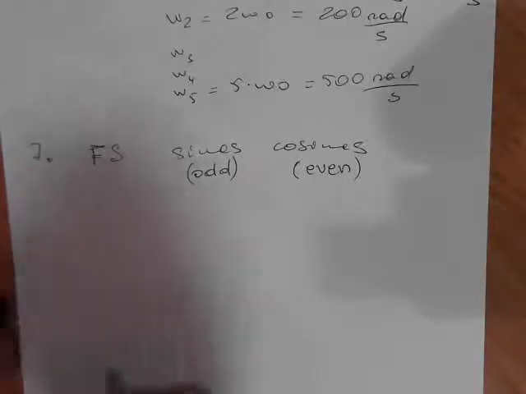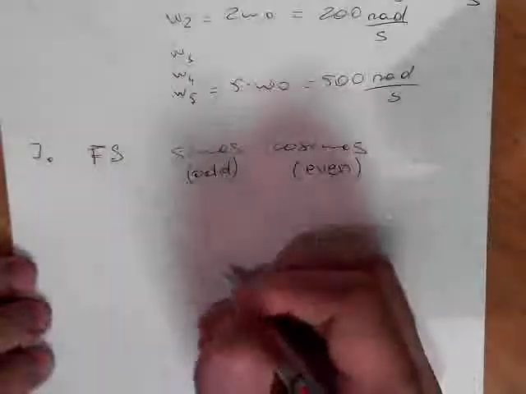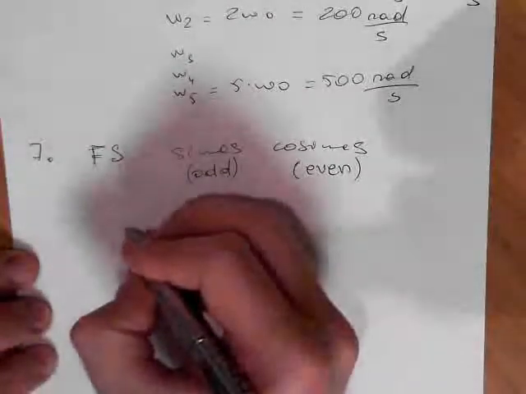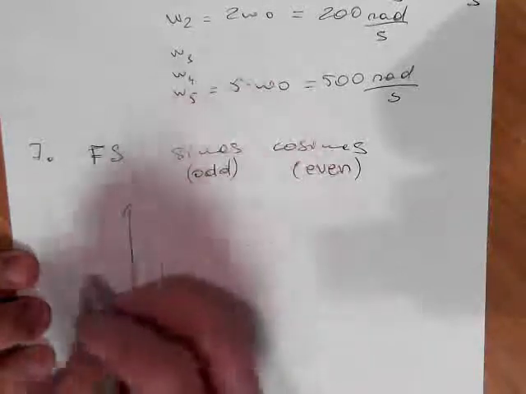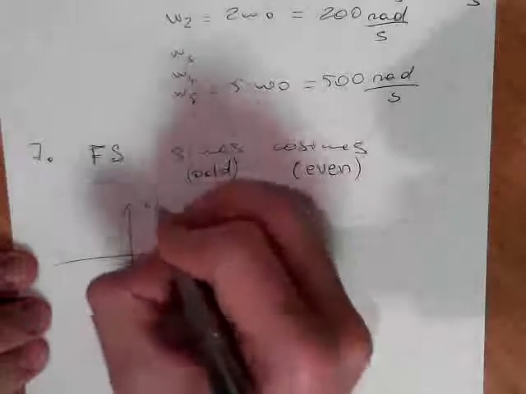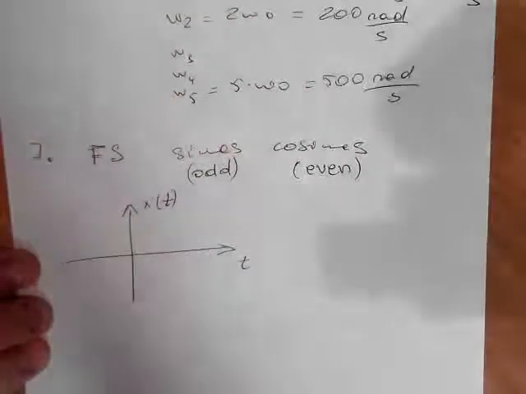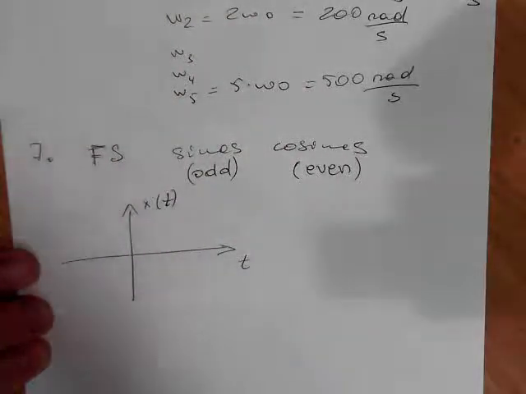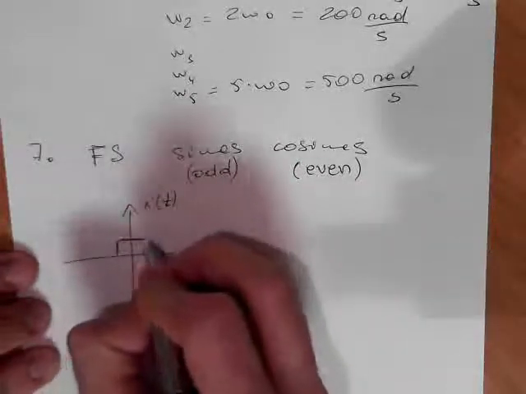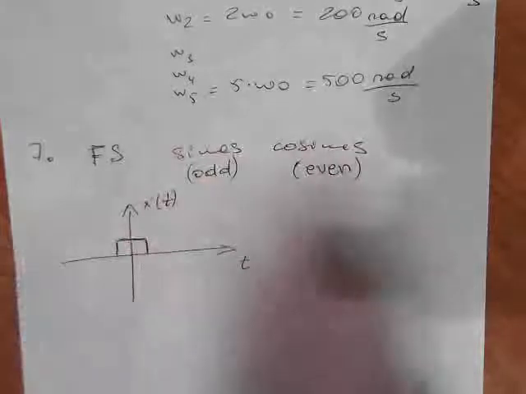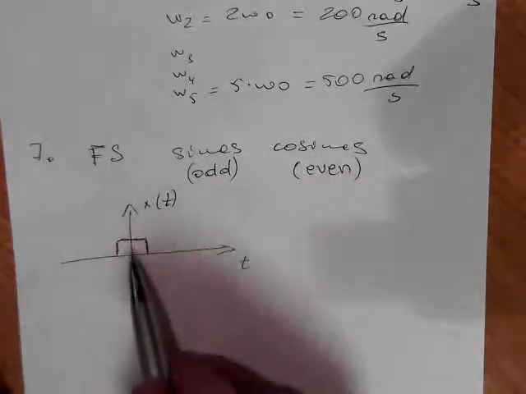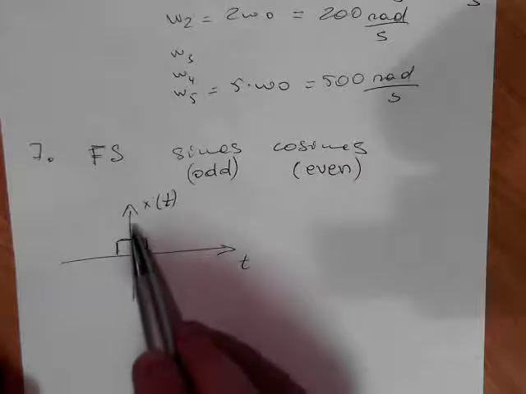And now, to know from the graph, I might have explained this during the lecture. An even function is one that is a mirror image on the y-axis.